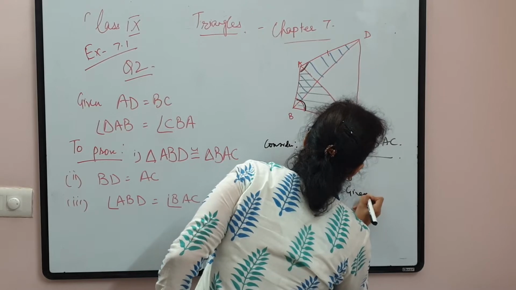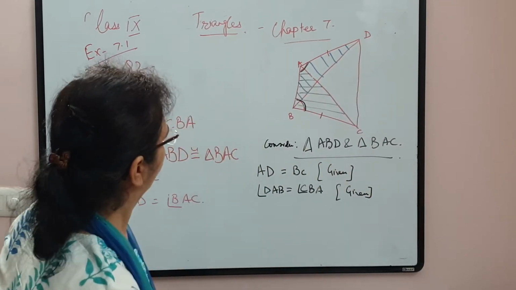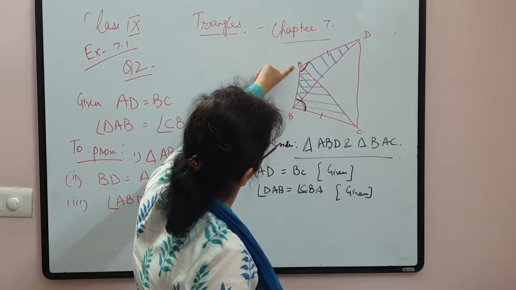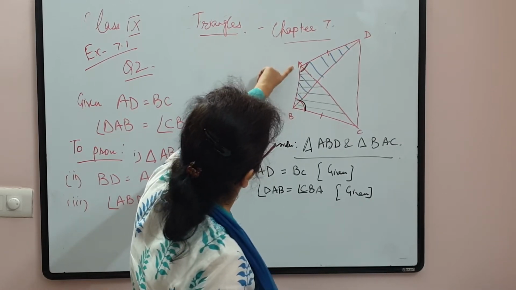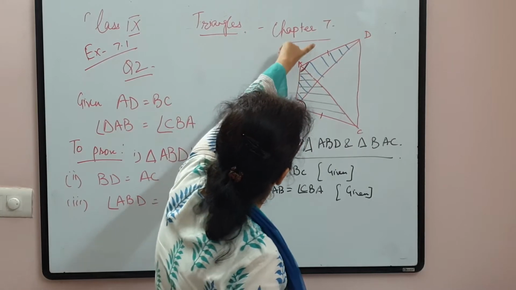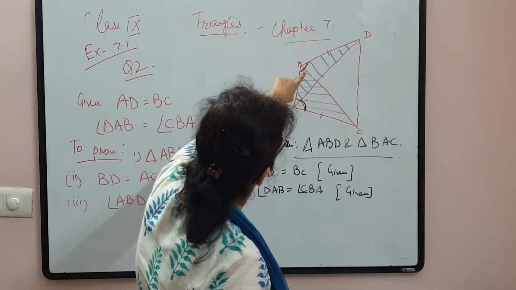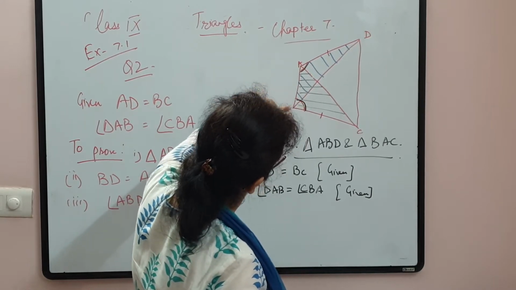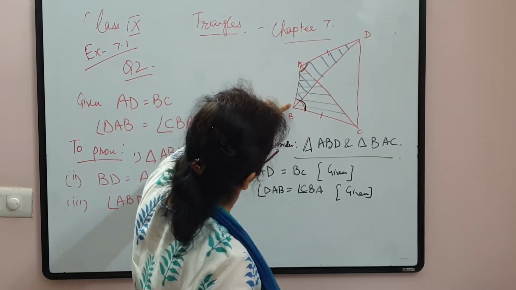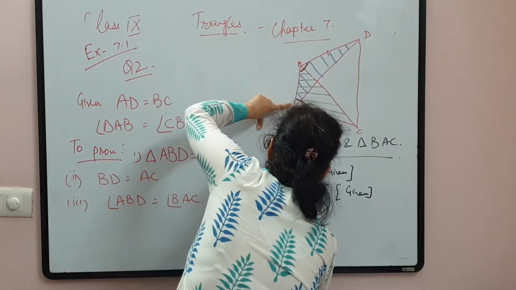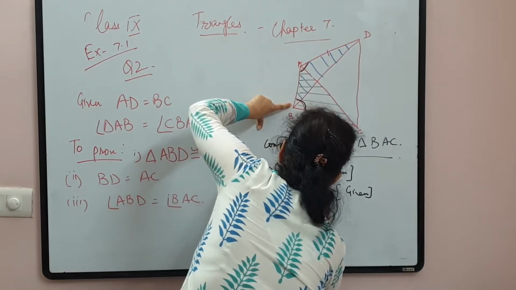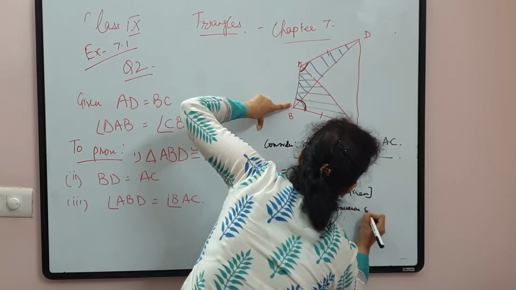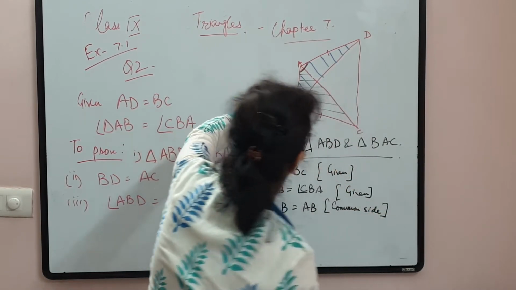Why? This is also given. Now, amongst these two triangles, this side is equal to this side, this angle is equal to this angle, and you can see that AB is a common side. AB is a side of both the triangles. So AB is equal to AB, common side.